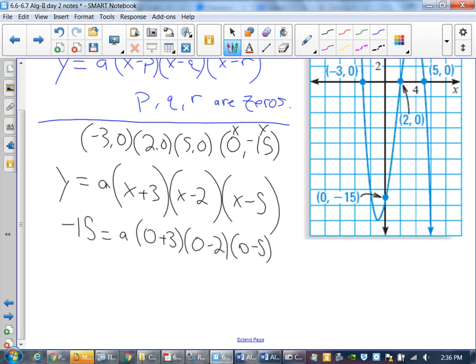Now, ladies and gentlemen, at this point, a lot of you can probably multiply those things together without a hassle. But not all the time are they going to give you ordered pairs with a 0 for x. So guess what? There's a button on your calculator that looks a lot like a parentheses. I didn't know if you knew that.